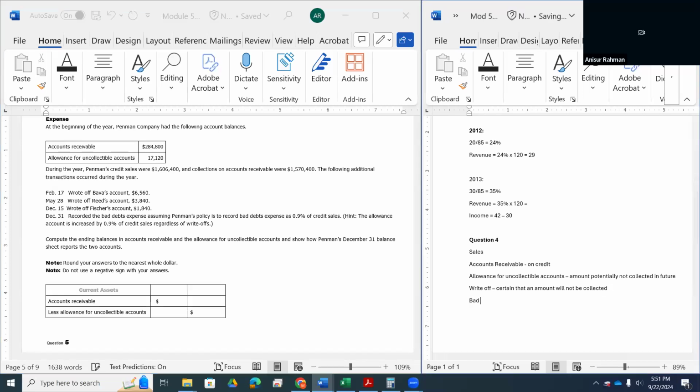When a company creates an allowance for uncollectible accounts, it also reduces the income statement by the same amount. In other words, it records the same amount as bad debt expense on the income statement. So it will be reflected on the income statement and reduces income.